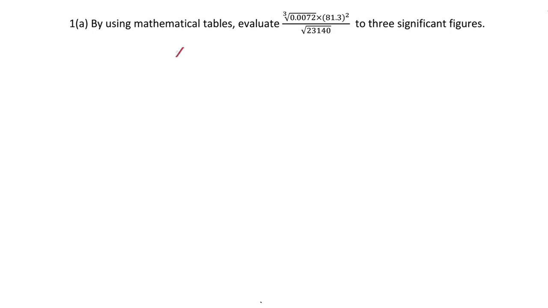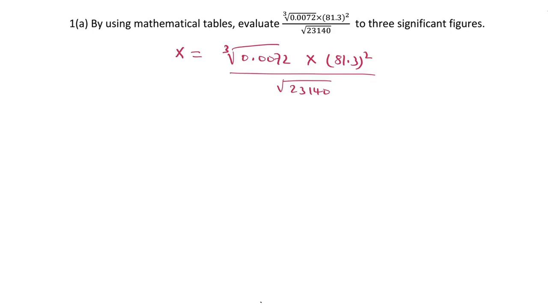Okay, so let x equal the cube root of 0.0072 times 81.3 squared over the square root of 23,140. Okay, so next let us apply the log to both sides.